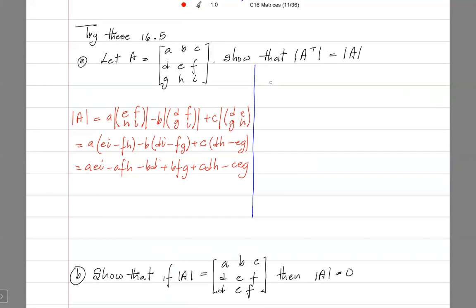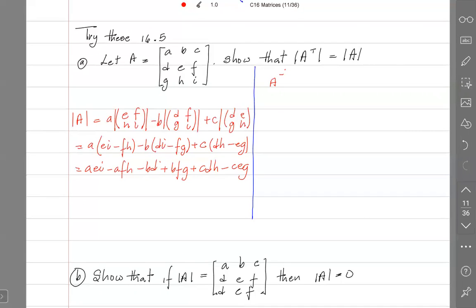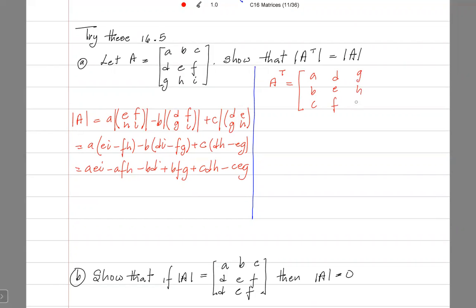Let's go for A transpose. Let's interchange the rows and columns. So we'd get A, B, C as the first column, D, E, F as the second column, G, H, I as the third column. Let's go for the determinant of A transpose.